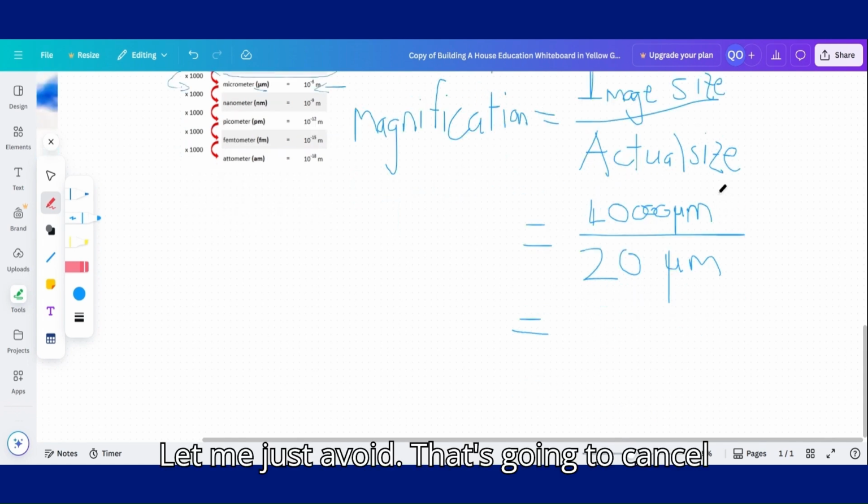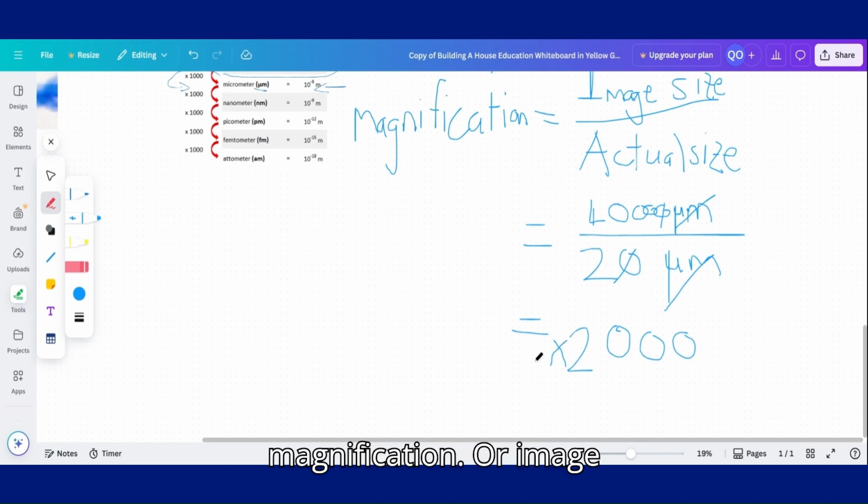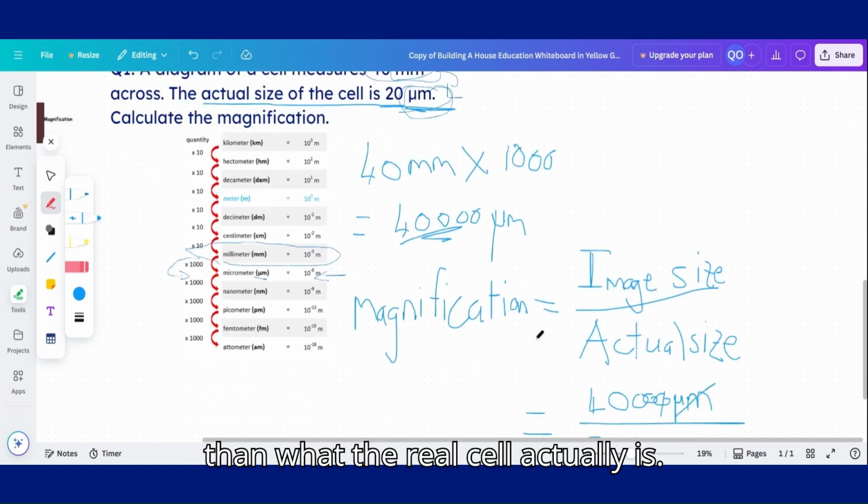Micrometers. Then we just divide. That's going to cancel out. That's going to cancel out. The answer will be 2,000 times magnification. The image was enlarged 2,000 times for us to actually see the cell, or the diagram is 2,000 times bigger than what the real cell actually is.